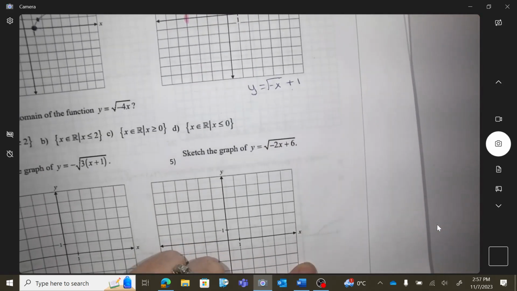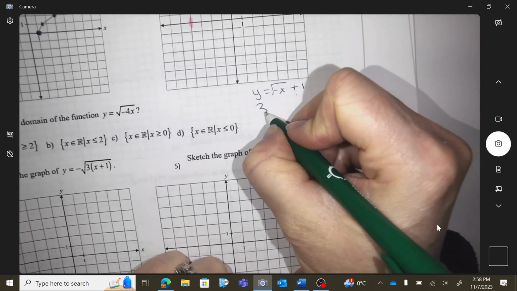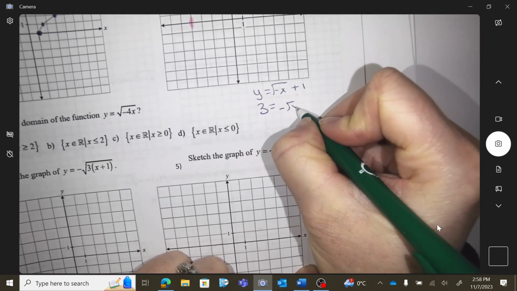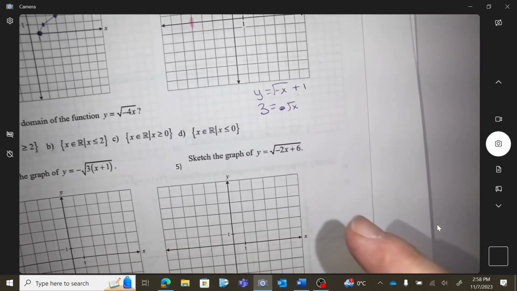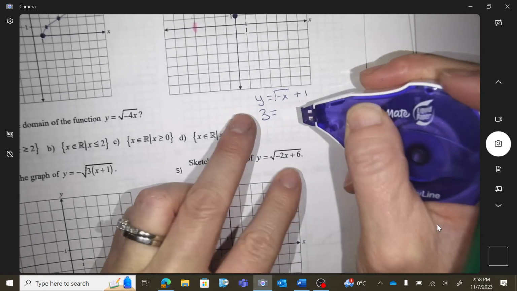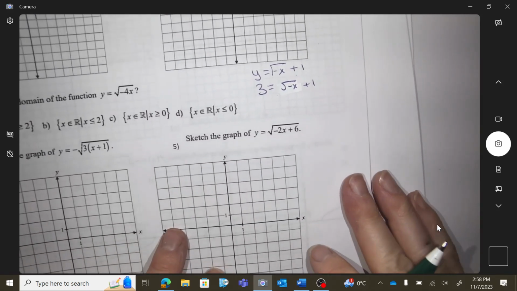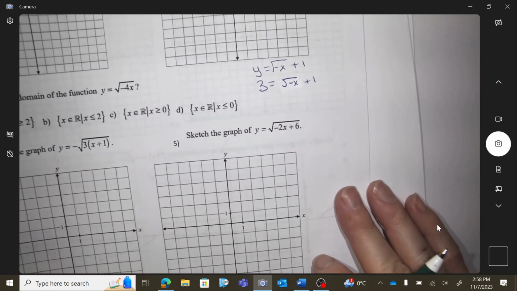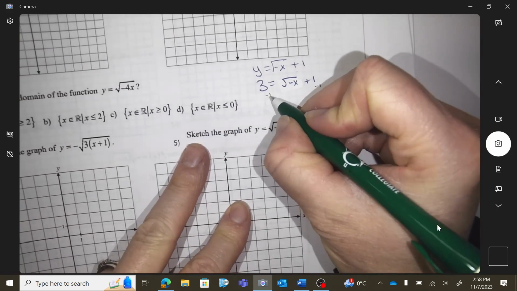Okay, so here's algebra. If y equals 3, what should I do to get x? Give me some algebra stuff. Subtract 1. I see.